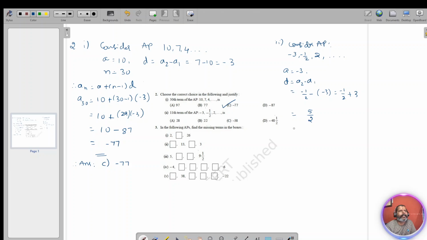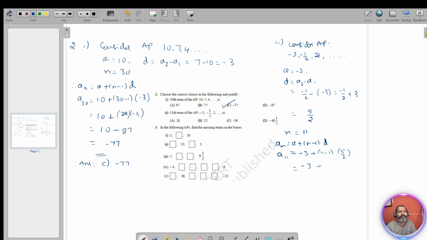Okay. Now they are asking for the 11th term, so n is 11. Therefore, a_n is equal to a plus (n minus 1) into d. a_n means a_11, that is the 11th term they want. That equals, what is a here? a is minus 3 plus (11 minus 1) into d, which is 5 by 2.